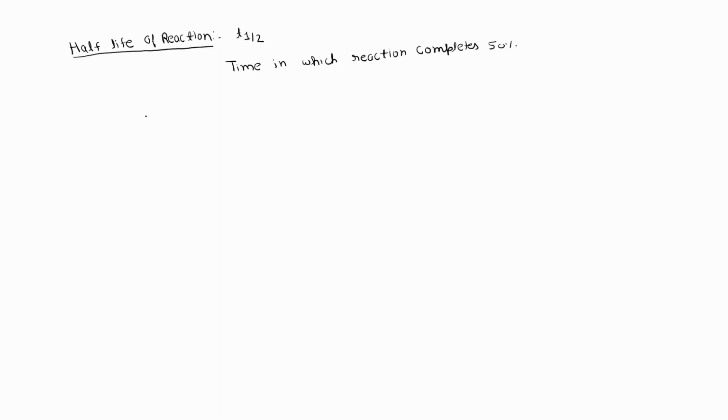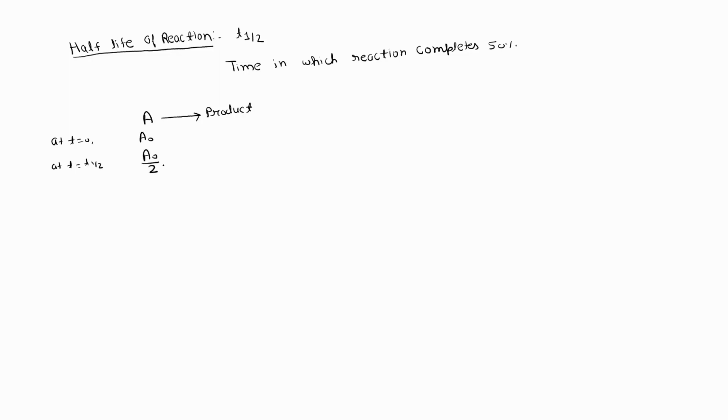So if reaction A gives product, at T is equal to 0, A is A naught, product is 0, and at T is equal to T half, A should be A naught by 2.